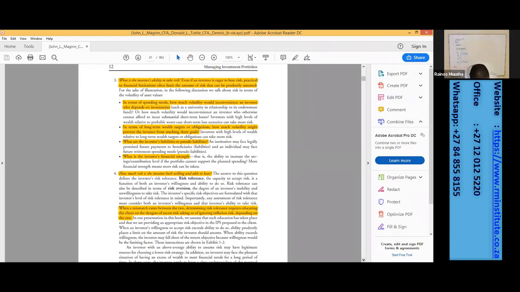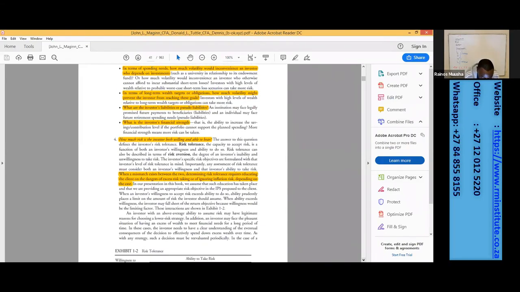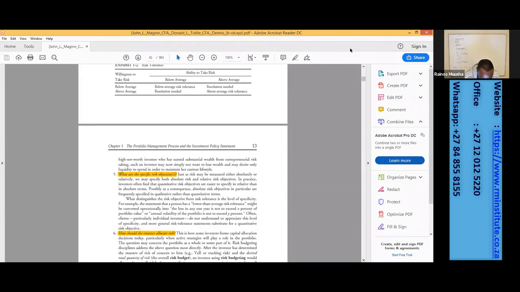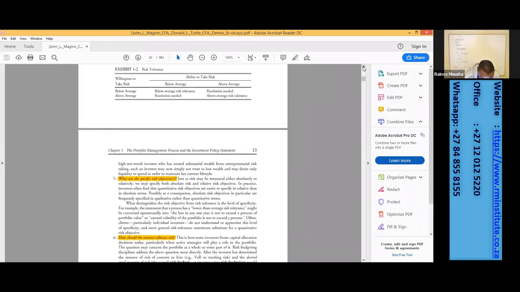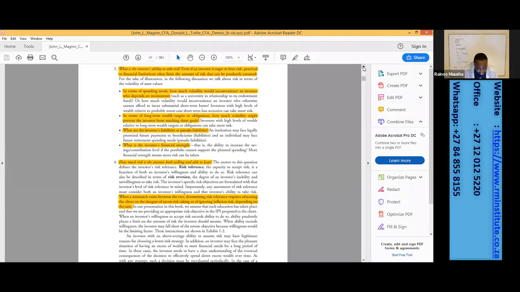Then on point number 4, this is where you look at how much risk the investor is both willing and able to bear. This is where you get to an overall assessment. If the investor is saying that they are so eager to take risk, but at the end of the day, this is how much they are able to take risk, this is where you have to sit down with the investor and explain to them, so that you can come up with a middle ground.